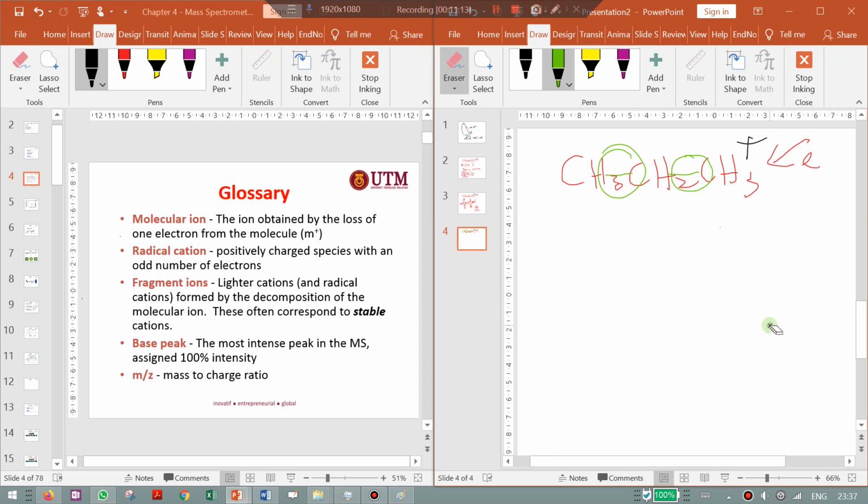Okay, let's say in the example of CC, okay, CC H. Let's say in this example, okay, we already somehow steal this electron. Okay, somehow steal this electron.